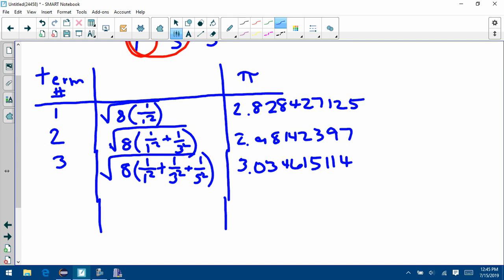Let's just do a couple more and see what happens. The fourth term, pay close attention with how I'm calculating this. The stuff in the parentheses is all getting calculated first: 1 over 1 squared plus 1 over 3 squared plus 1 over 5 squared. Since this is the fourth term, I have 4 values being added in here. If I want to print out the result, I multiply it by 8 and take the square root of it.